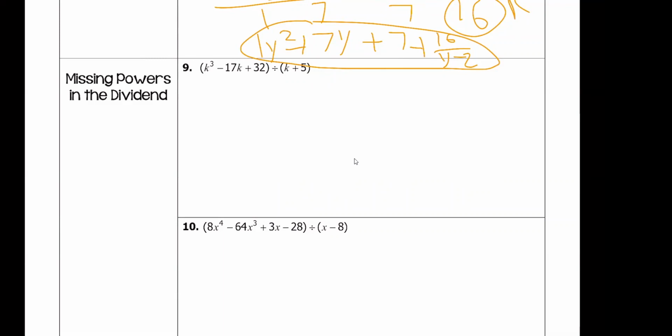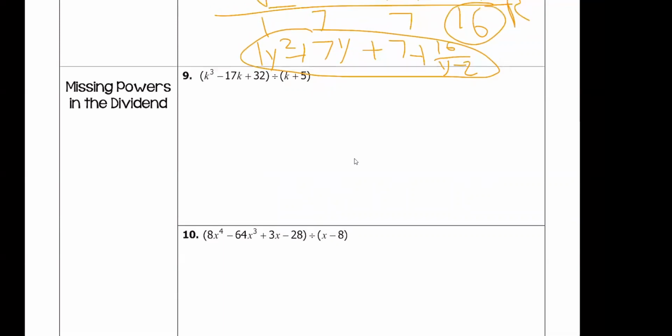So in question 9, your -5 is what you put in the box at the start, what would make k plus 5 equal 0. Our coefficients: my k to the third power is 1. Since I don't have a k to the second power, I have to put a 0 in its place. Then my k to the first would be -17. Then my constant is 32.